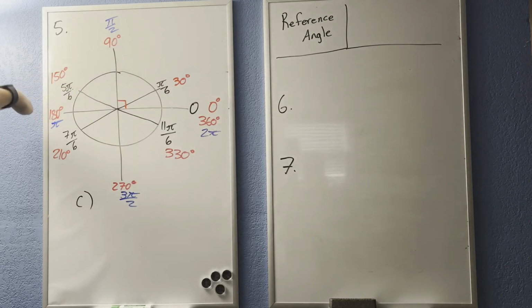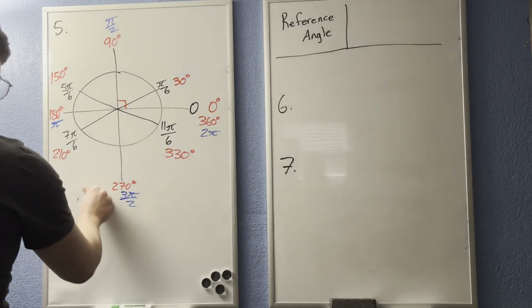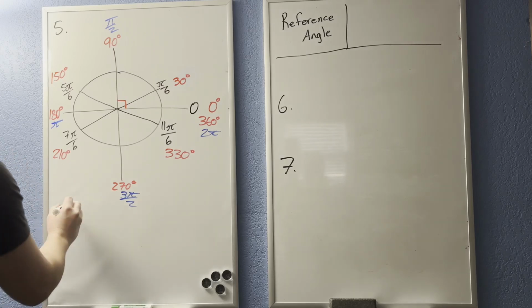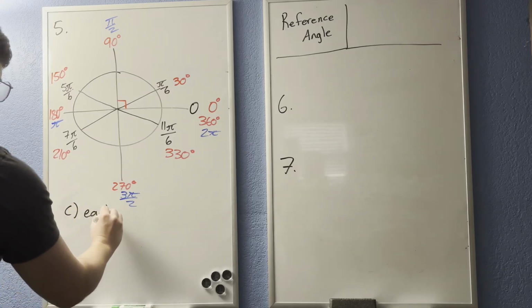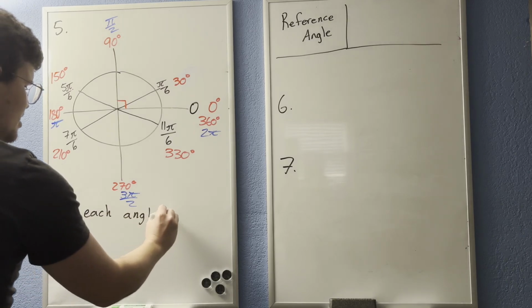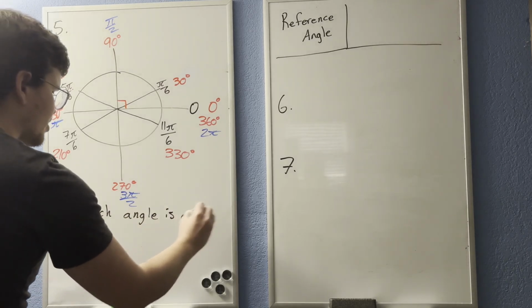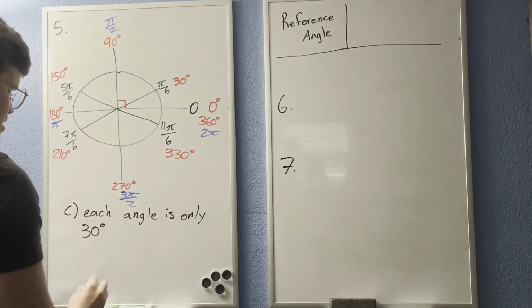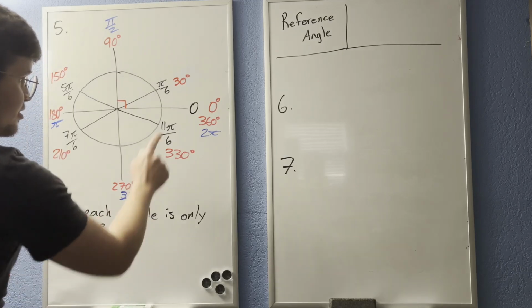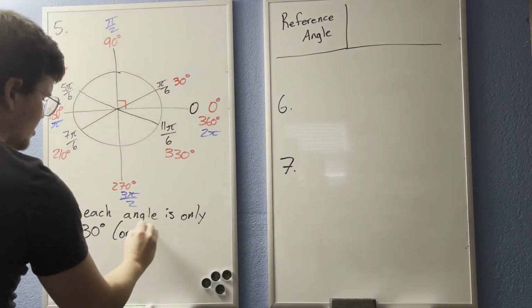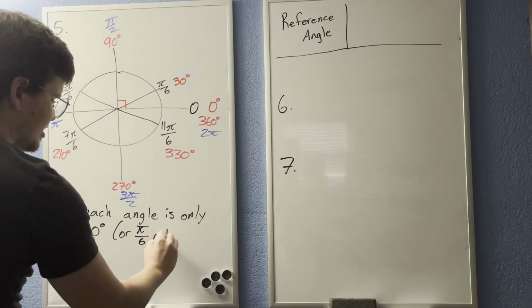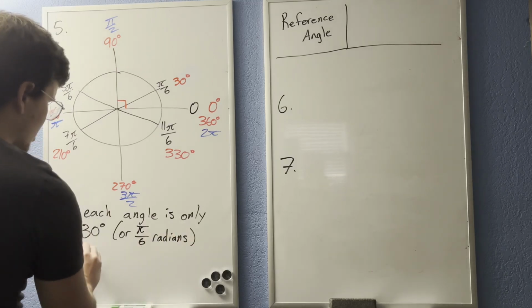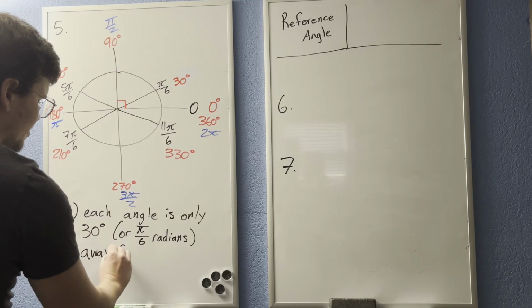Over here, on the negative x-axis, 150 and 210 are each only 30 away. So each angle is only 30 degrees, or pi over 6 radians, away from the x-axis.